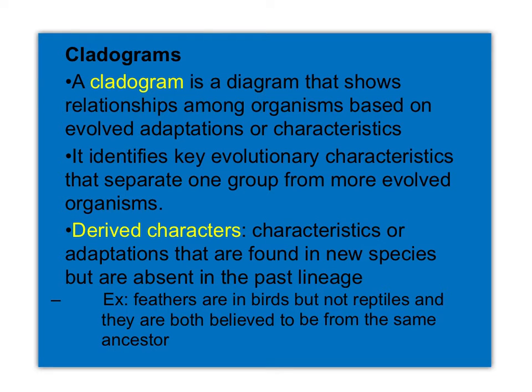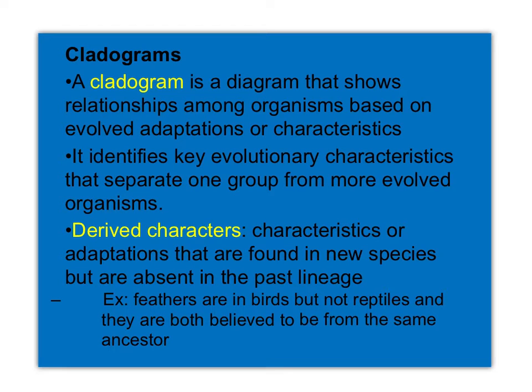So a cladogram is another diagram that we can use to study evolution and to show relationships between organisms based on their similarities, based on their adaptations as they evolved and characteristics that they received as they evolved. So a cladogram is unique because it'll show key evolutionary characteristics that separate one group from another group.